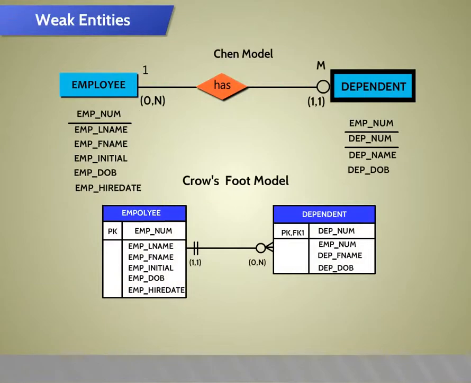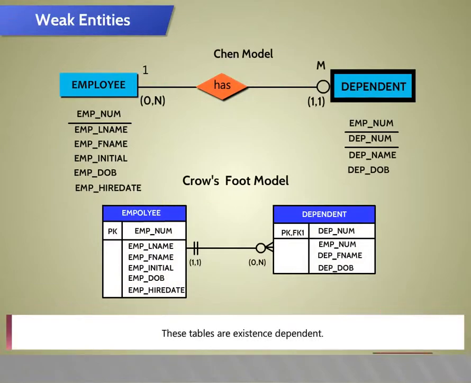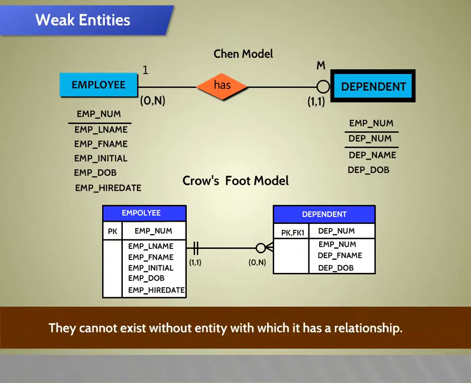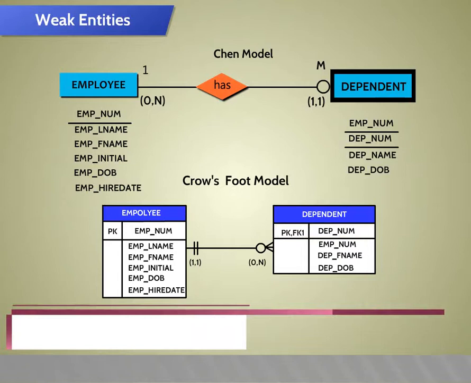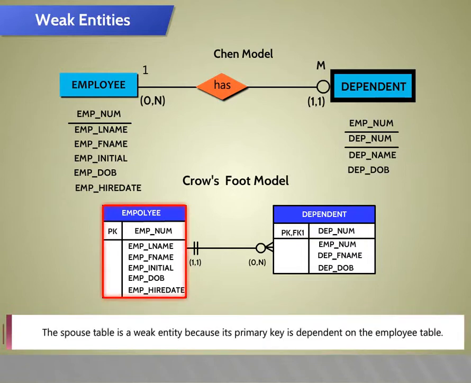Weak entities. These tables are existence dependent. They cannot exist without the entity with which they have a relationship. Primary key is derived from the primary key of the parent entity. The spouse table is a weak entity because its primary key is dependent on the employee table.